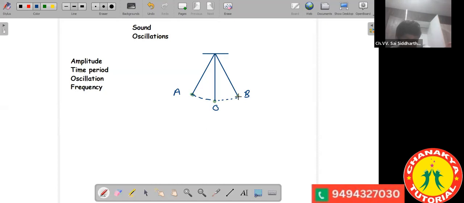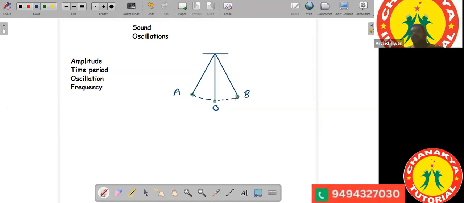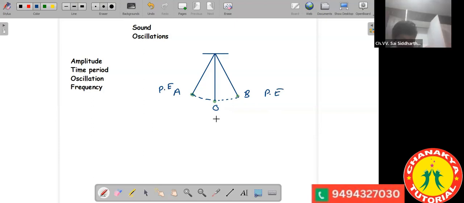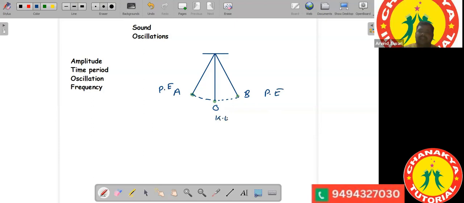Potential energy, at B also potential energy. At A also potential energy. And at O, it has the maximum kinetic energy. And in between, anywhere in between, what will be the energy then?